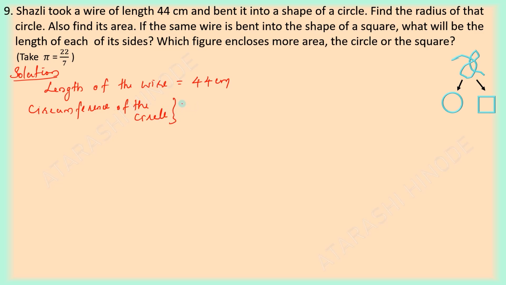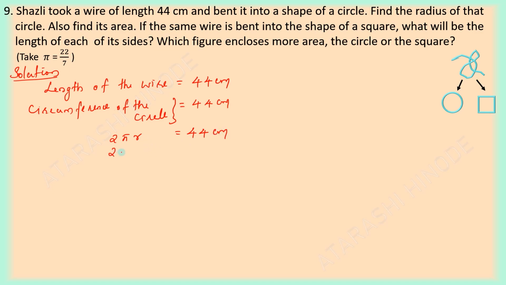Circumference of the circle will be the same as the length of the wire. So this is equal to 44 centimeter. Now let us write the formula for circumference, that is 2 pi r, equal to 44 centimeter.